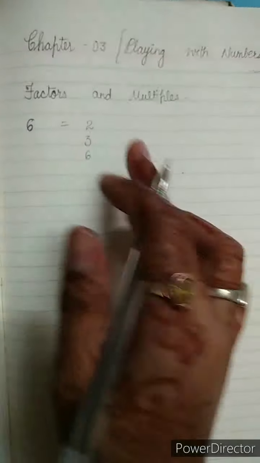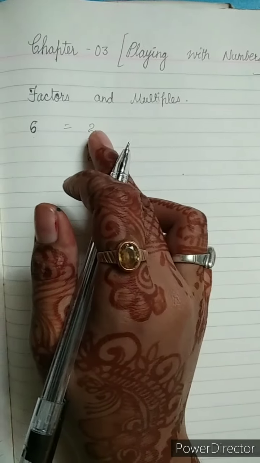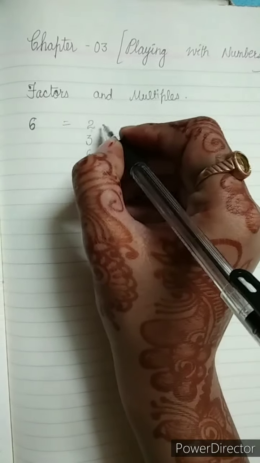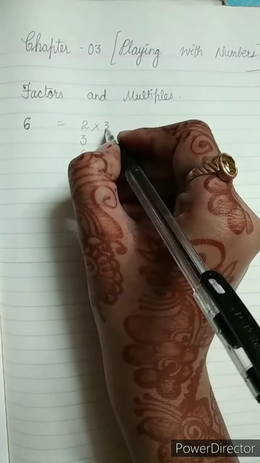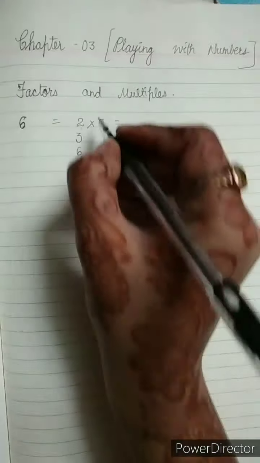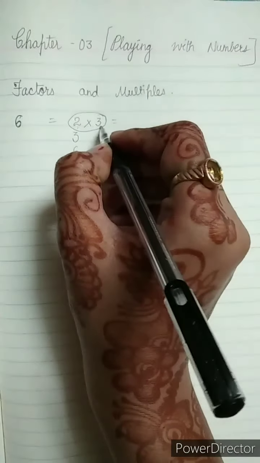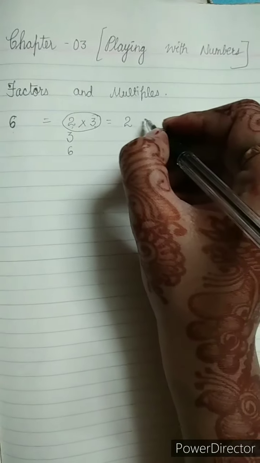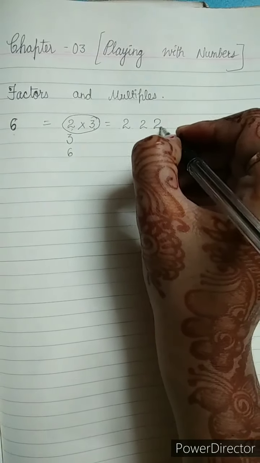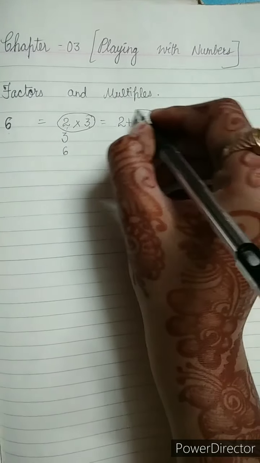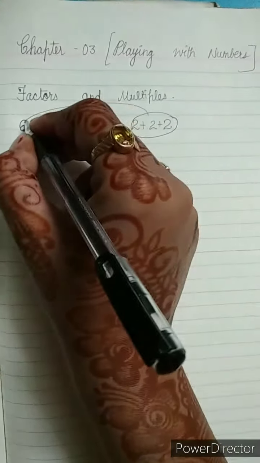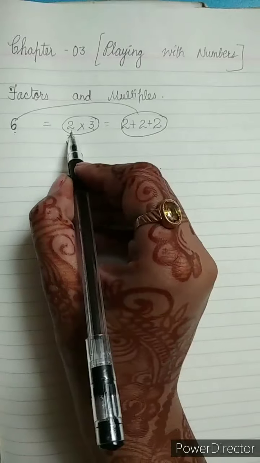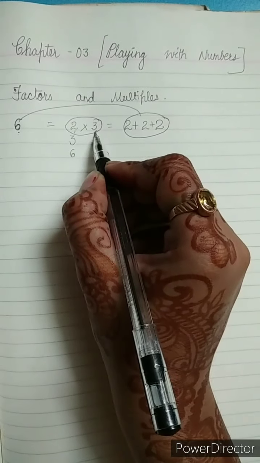So when I divide 6 in the form of 2, it will divide into 2 times 3 parts. How? Because when you write 2 and 2 and 2 and add them, again you have 6. So 6 is divided by 2, and how many parts? 3 parts.